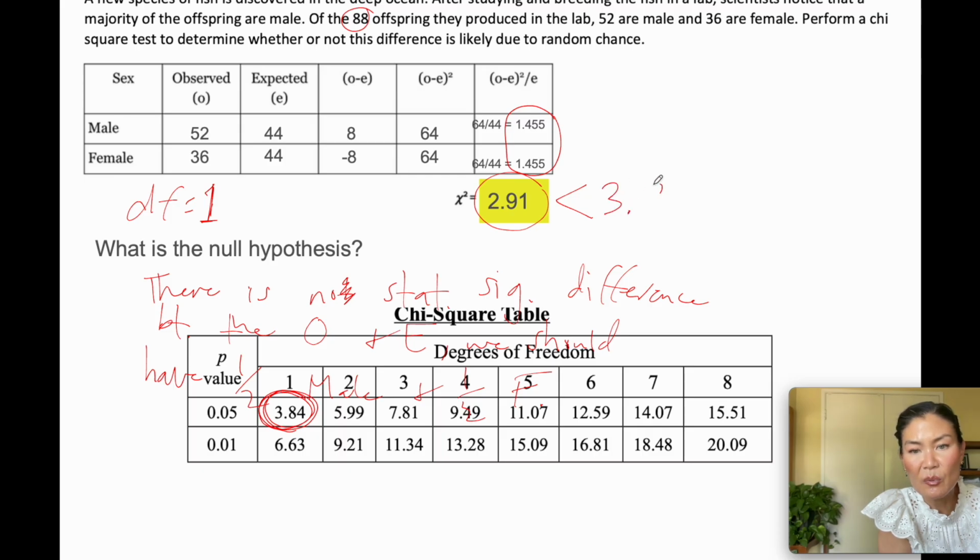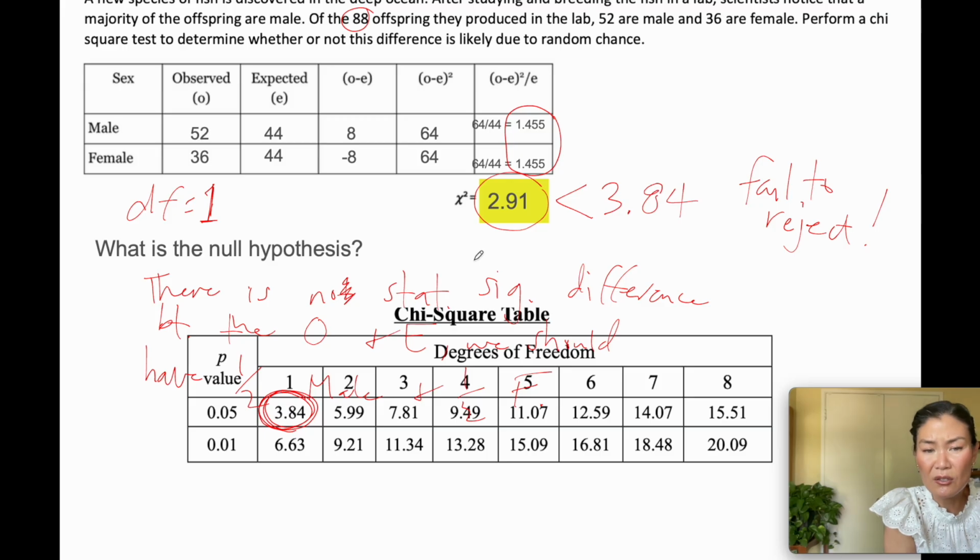Okay, so it's 3.84. So our chi-square value is less than the critical value, therefore we're going to fail to reject our null hypothesis. What that means is that our null hypothesis is correct, that there is no statistical significant difference between observed and expected. There is not a statistical significant difference between 52 and 44, 36 and 44, okay?